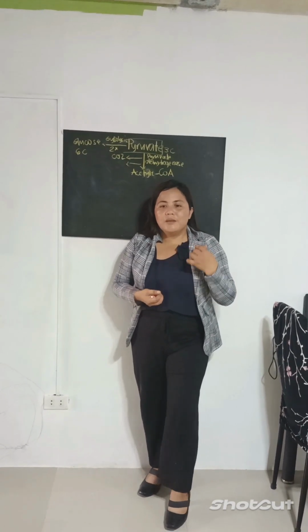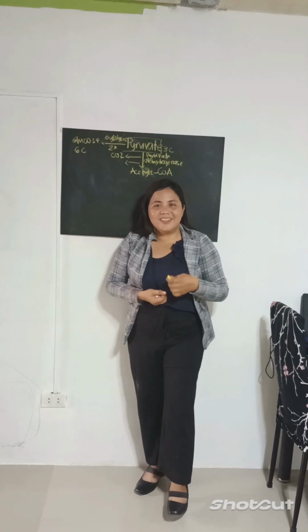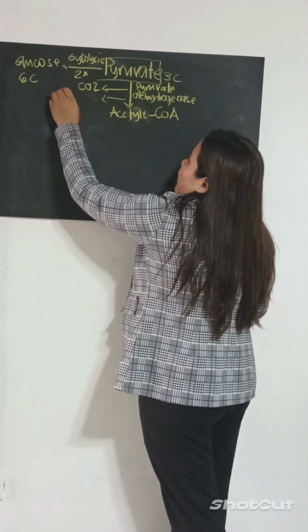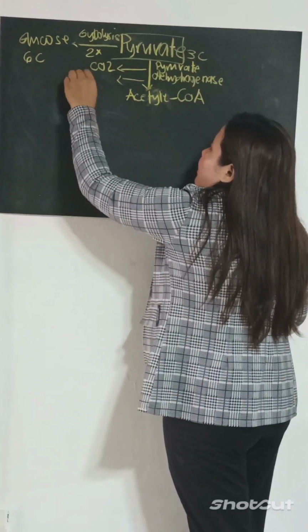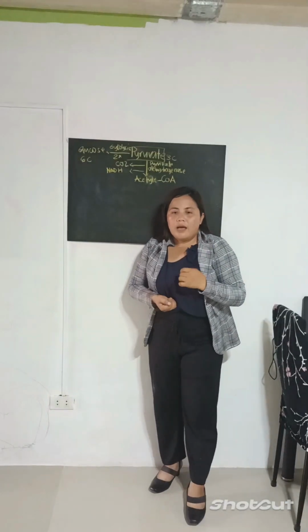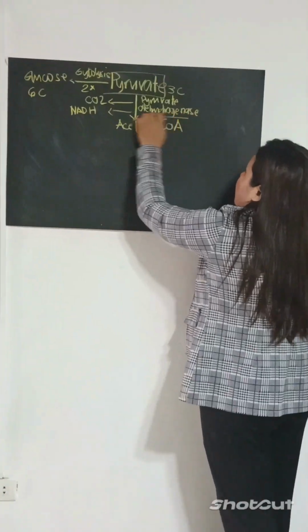Nicotinamide adenine dinucleotide hydrogen is also generated. So the acetyl group is a 2 carbon compound.